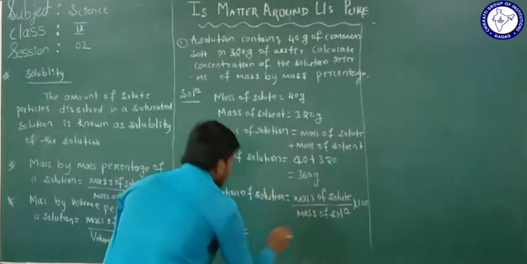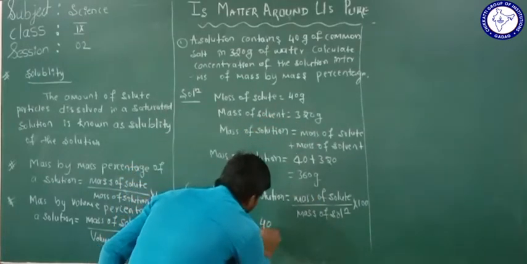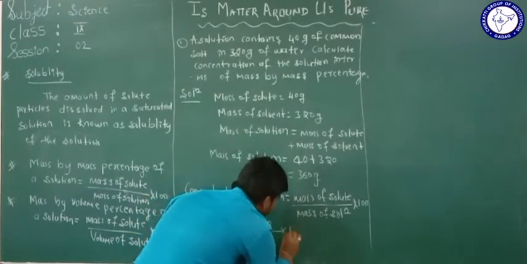That is equal to, the mass of the solute here is 40 gram, so 40 divided by the mass of the solution, 360, into 100.